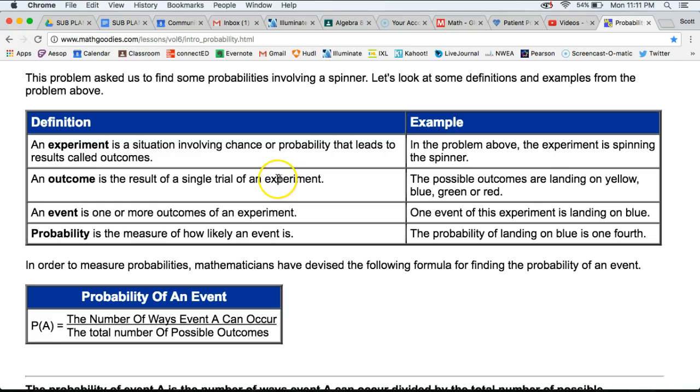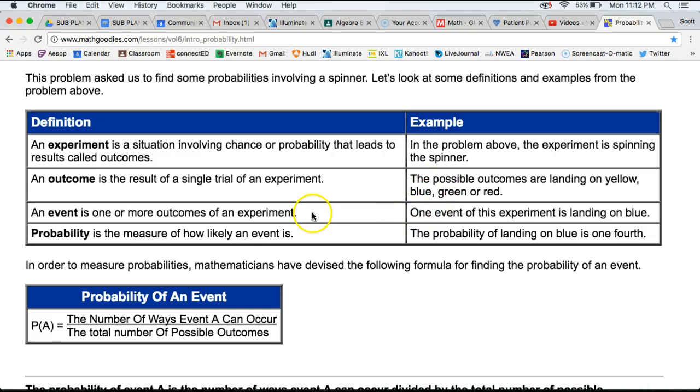So again, an experiment consists of multiple trials. One result is an outcome. So an outcome in the above would be any of the 4 colors. Whenever I spin the spinner and it stops and lands on a particular color, that is an outcome. An event is one or more of the outcomes. So it's very similar.